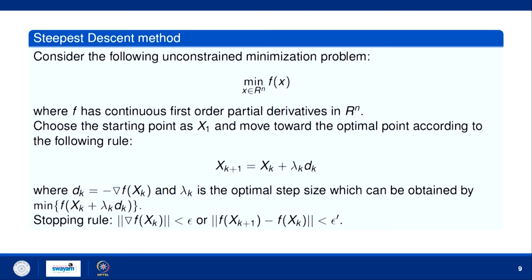So, first of all, in the steepest descent method, this point is x k. Okay. It may be x 1, x 2 or any point. From this x k, as we already discussed, there are infinite directions. In which direction should we move? That is the first thing.